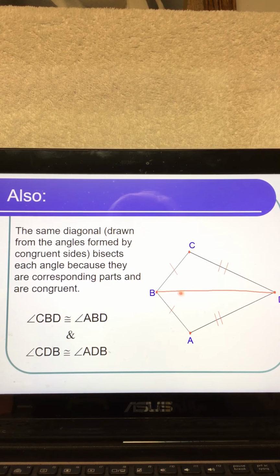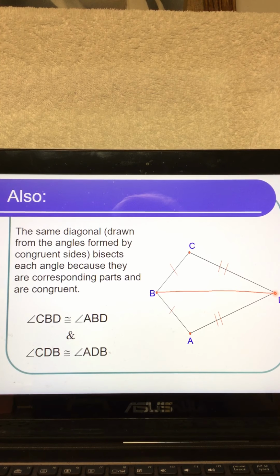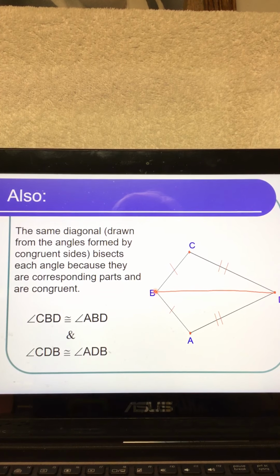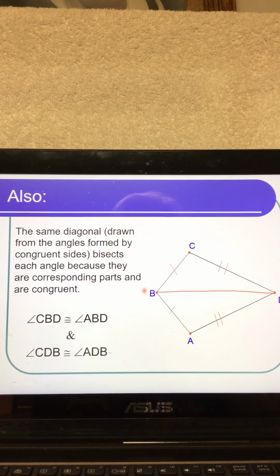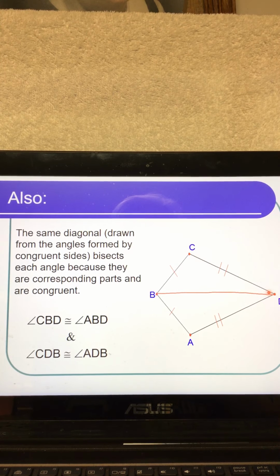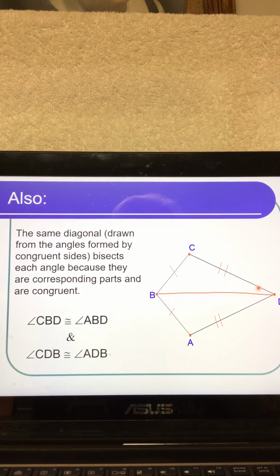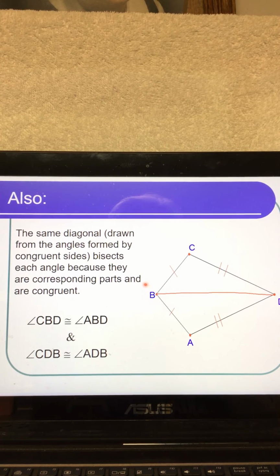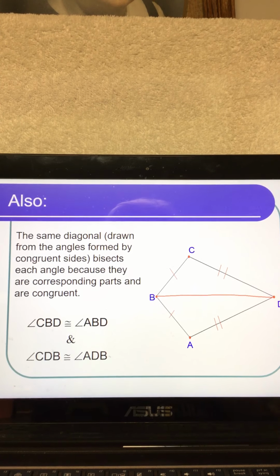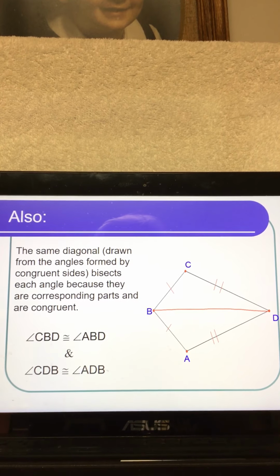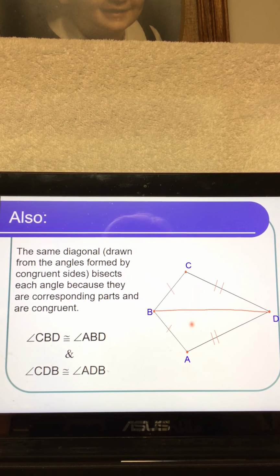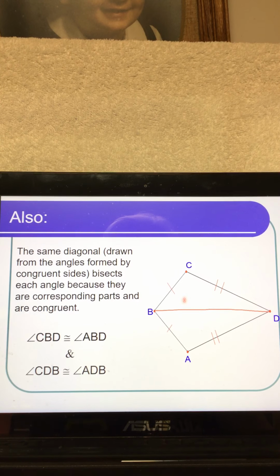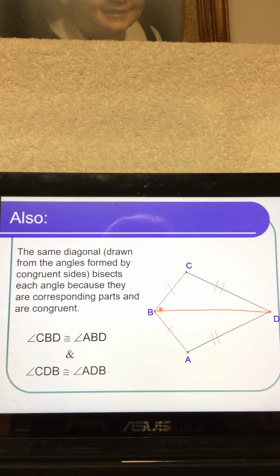Secondly, this same diagonal does something else. This same diagonal, the one drawn from the angles formed by congruent sides, bisects the two original angles. Now, why are they bisecting original angle B and original angle D? Because remember, these two triangles are congruent by side, side, side.